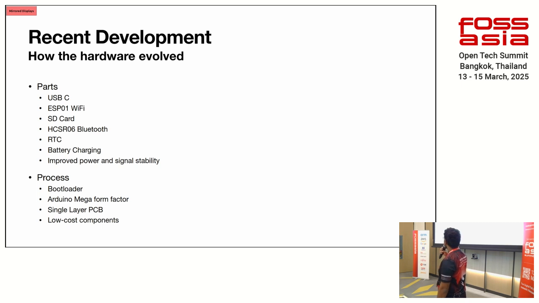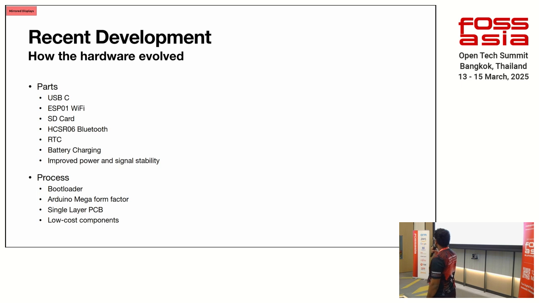We have an ESP8266 Wi-Fi, an SD card, Bluetooth, a real-time clock, and battery charging capability, so you can use the PSLab as a data logger, and it will run quite a long time. And we improved the signal and power stability using new ICs and new tracing techniques.